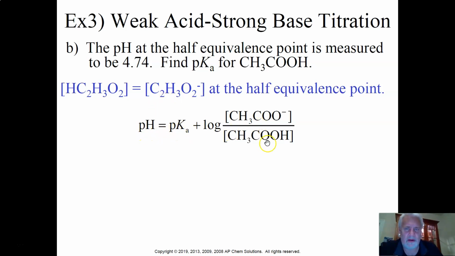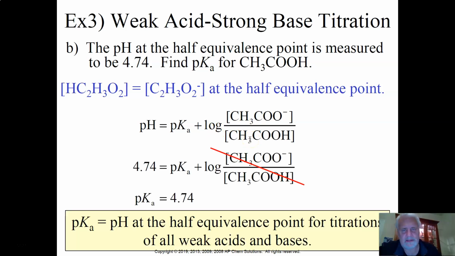So, therefore, you can use something that looks an awful lot like the Henderson-Hasselbalch equation, and you got the pKa plus the log over those two concentrations. Well, here's the thing. If those two things are equal, they'll cancel out. Okay?